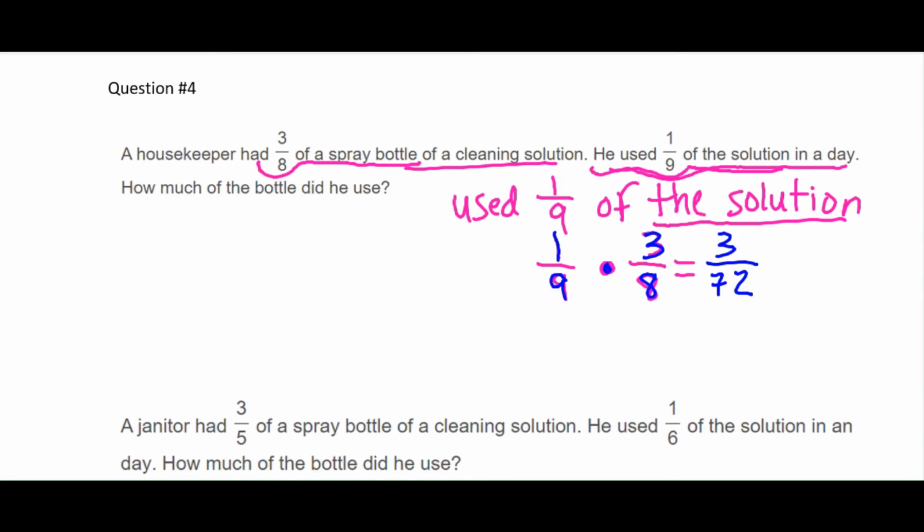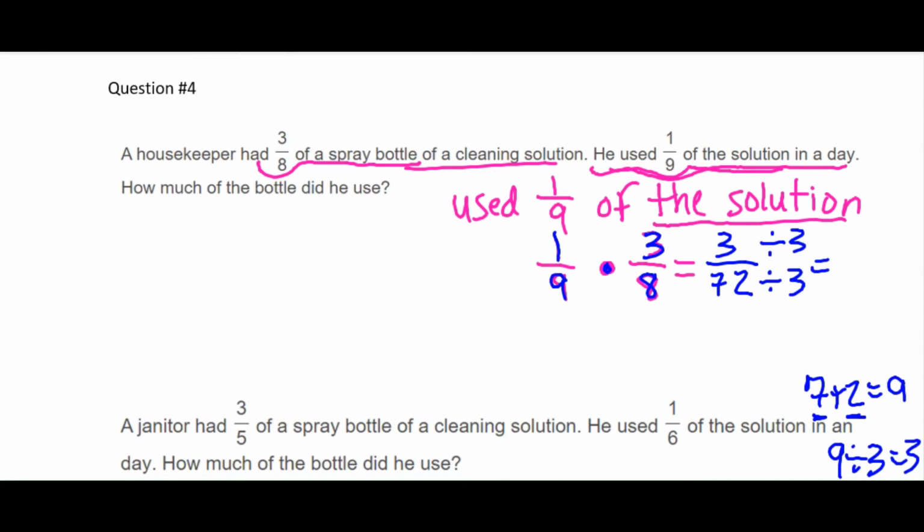How do I know 72 is divisible by 3? Well, if you know your divisibility rules, 7 plus 2 equals 9. And since 9 is divisible by 3, I know that 72 is divisible by 3. So I'm going to go ahead and simplify this by dividing the numerator and denominator by 3.